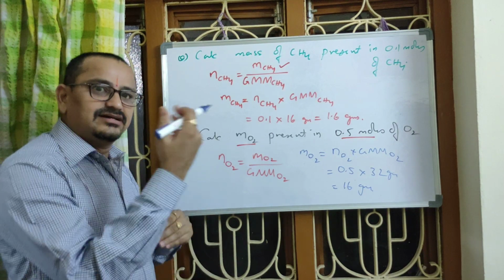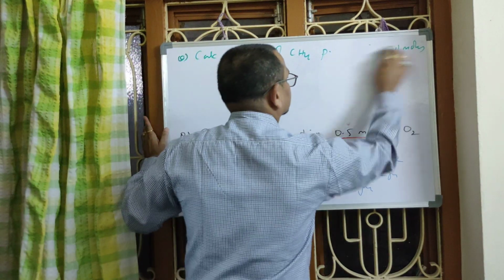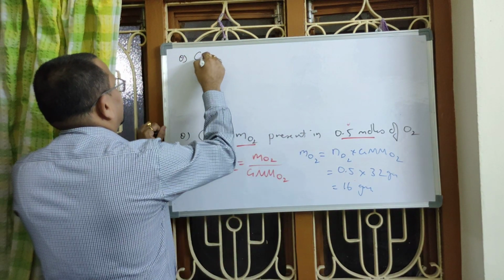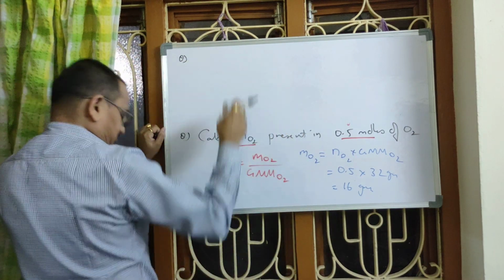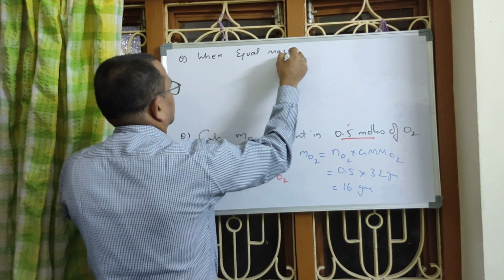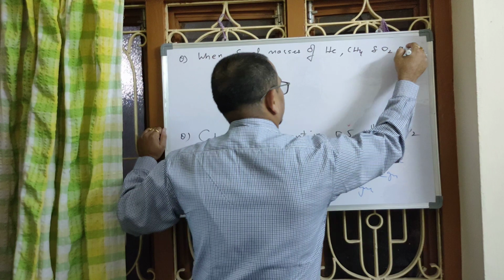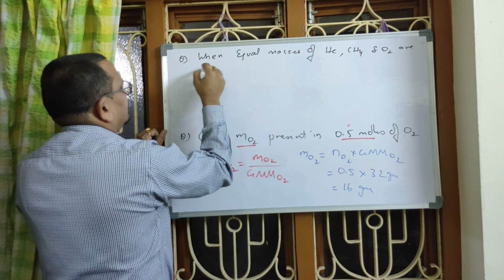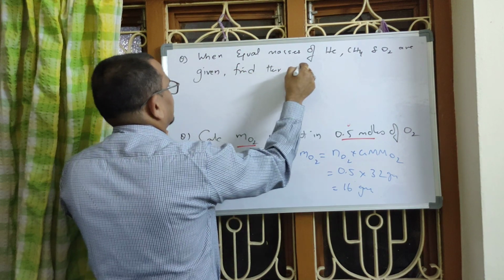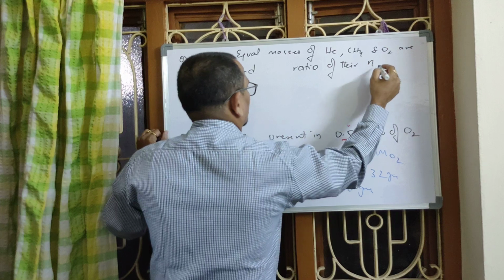Now, let's take the next level. Sometimes they may raise a question in this way: when equal masses of helium, methane and oxygen are given, find the ratio of their number of moles.